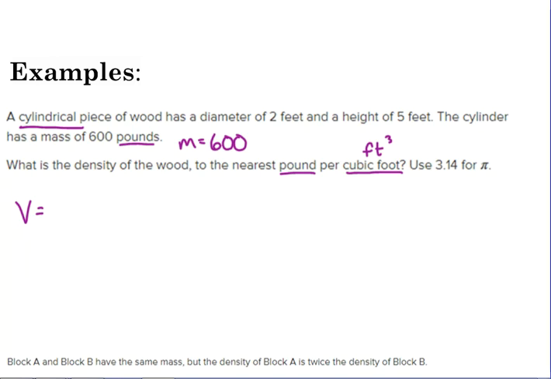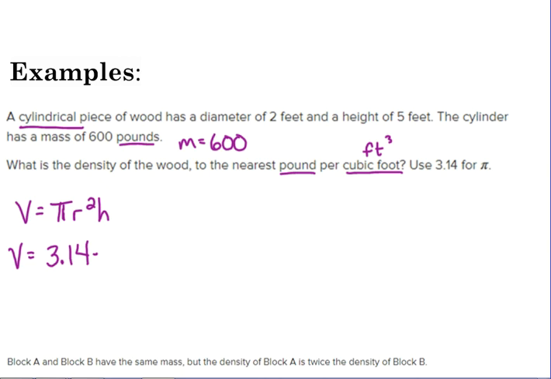So what is the volume formula for a cylinder? Use your formula sheet there. Pi r squared h. So they tell us to use 3.14 for pi. We need r, the radius. Did they give us the radius? No, they gave us the diameter.